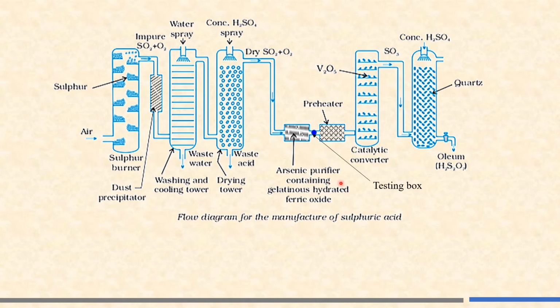The next unit is testing box. Fourth unit is contact or catalytic converter, and fifth is absorption unit.